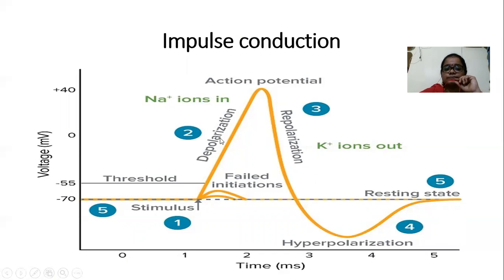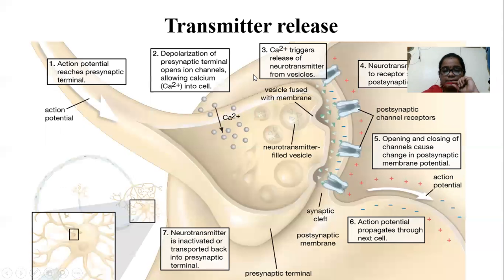After the action potential, action potential production requires a stimulus. So this action potential, what will happen? This action potential will reach from the presynaptic neuron to the postsynaptic neuron with the help of what substance?